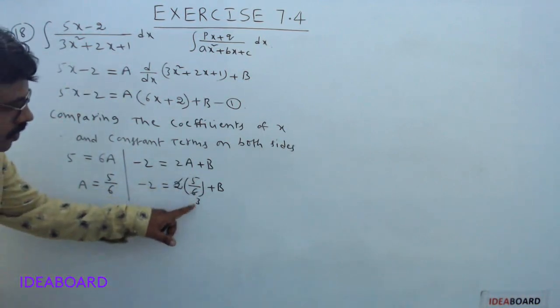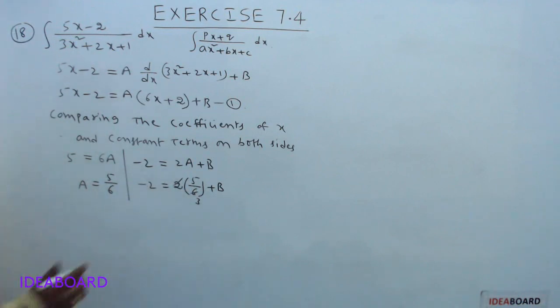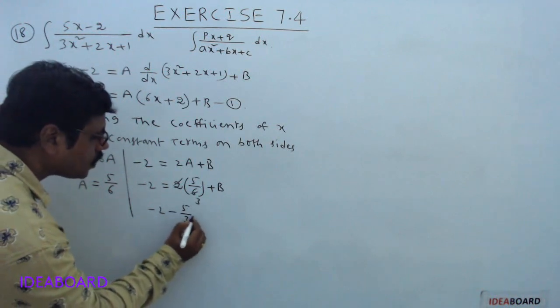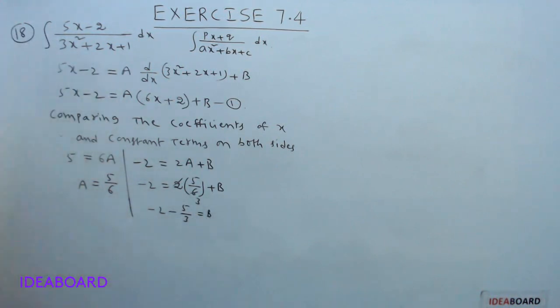Then bring this 5/3 from RHS to LHS. This is −2 − 5/3 = B.